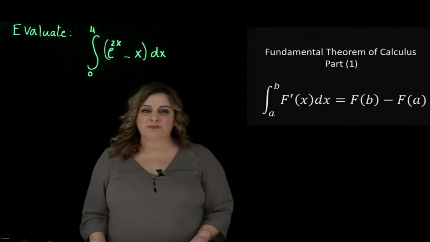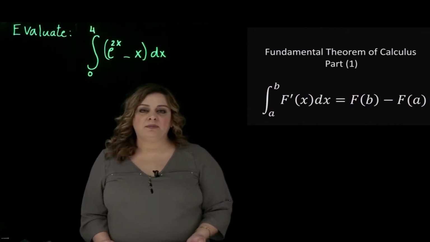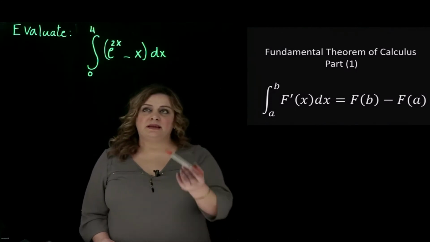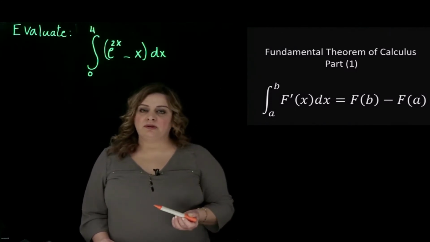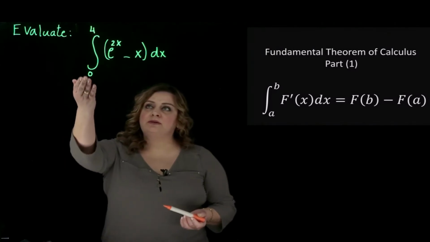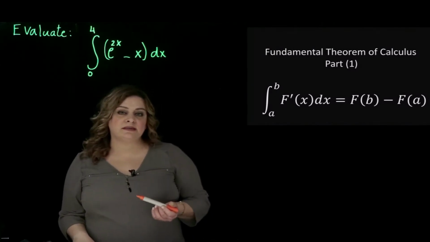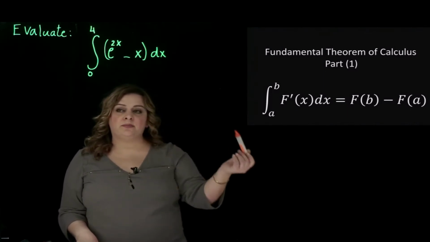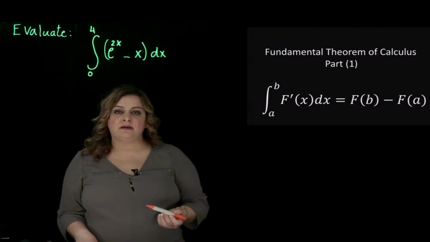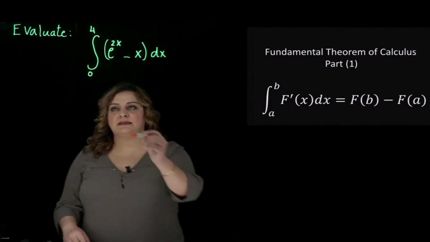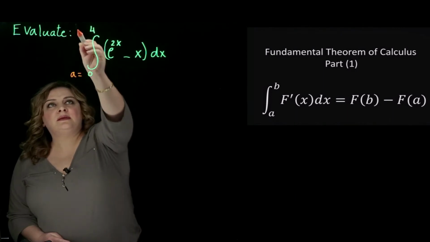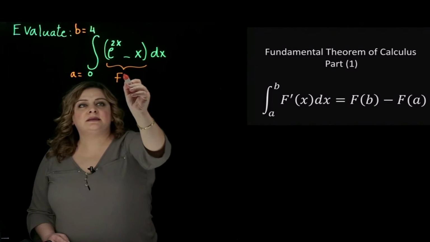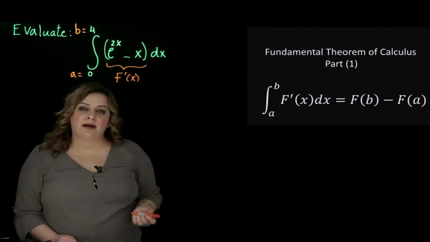Let's do one more example and apply the fundamental theorem of calculus part 1. We have the definite integral. We want to evaluate the integral from 0 to 4 of e to the 2x minus x dx. We compare our example to the equation shown on our screen. We see that a equals 0, b equals 4, and big F prime of x equals e to the 2x minus x.